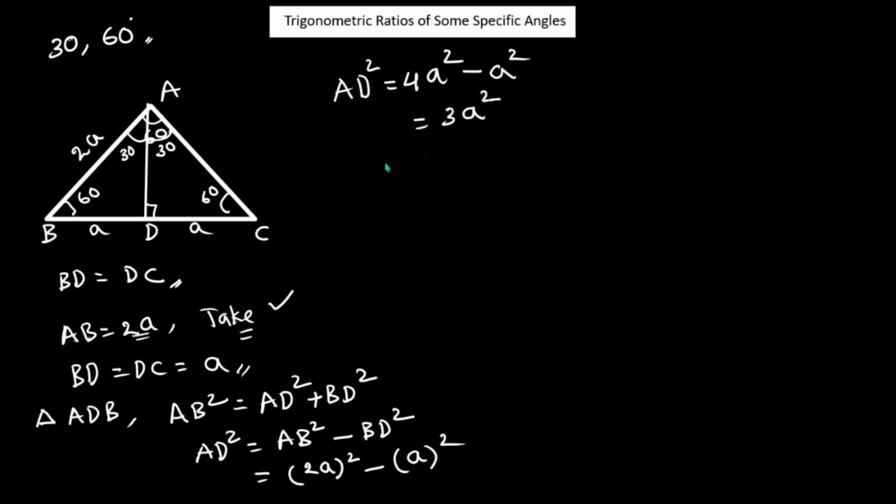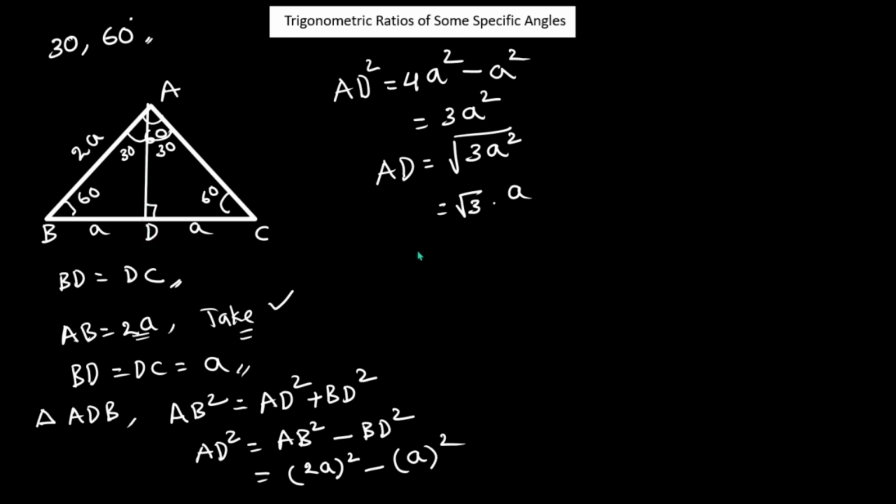Then AD is the square root of 3A square, which is root 3 into A. Now we know all the distances, BD, AB and this height AD, in the form of A.